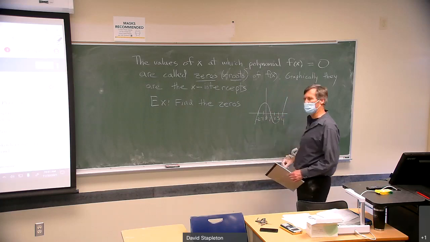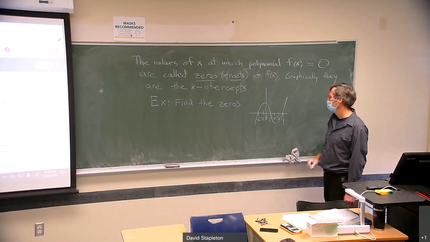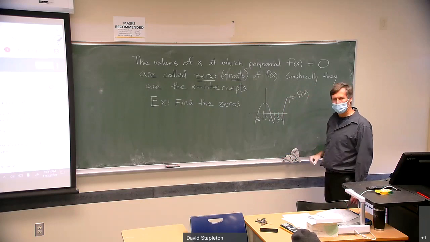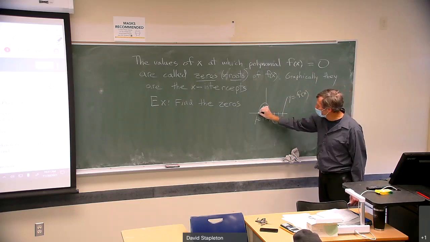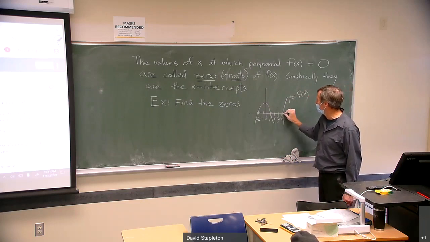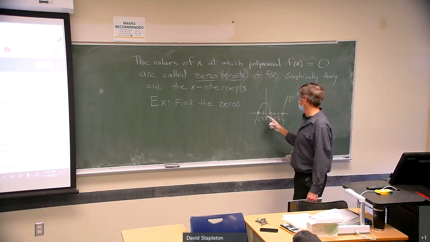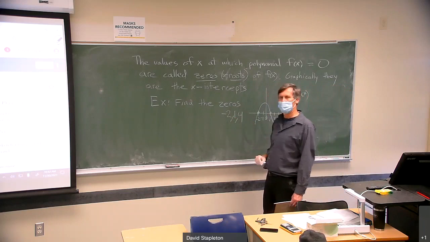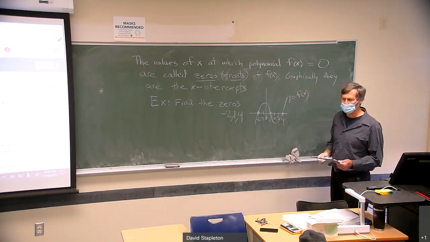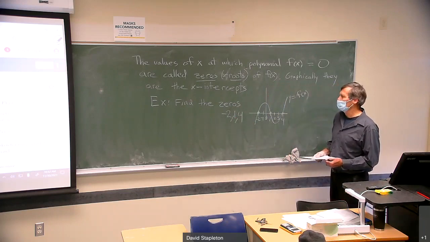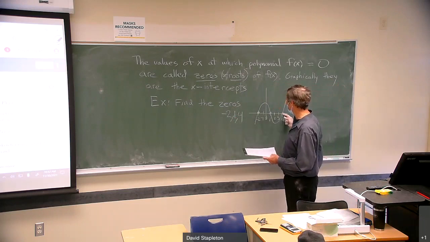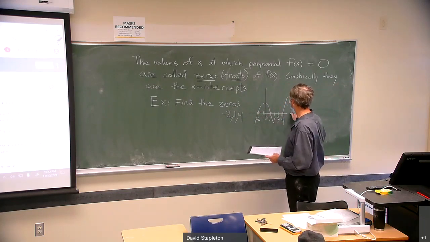What are the zeros of this polynomial, y equals f of x? It's wherever it crosses the x-axis, right? Here, here, and here. It's -2, 1, and 4. You've got to be able to do this for the homework. It's very important. Okay? Find the zeros. This means for what values of x is the polynomial equal to 0?